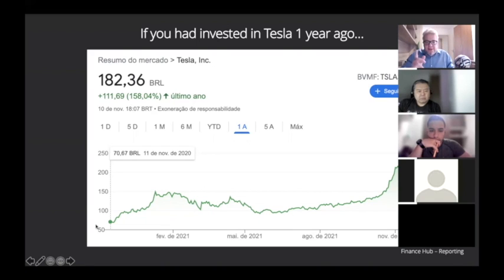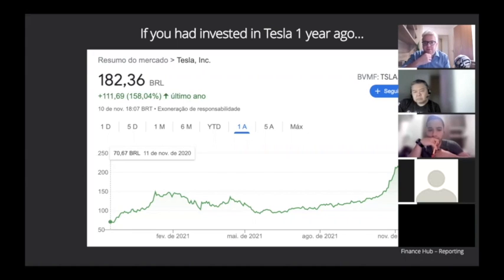So Saito asked me in the beginning of the class, because Elon Musk made a poll. Elon Musk, the founder and CEO of Tesla, made a poll on Twitter asking if he should sell 10% of his stocks or not. Why did he make this poll?